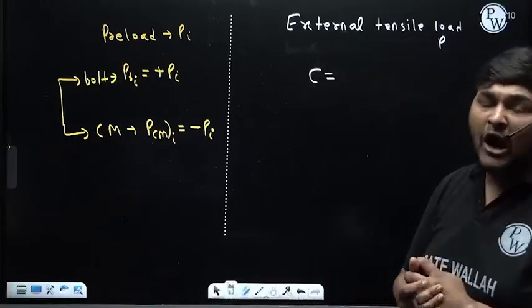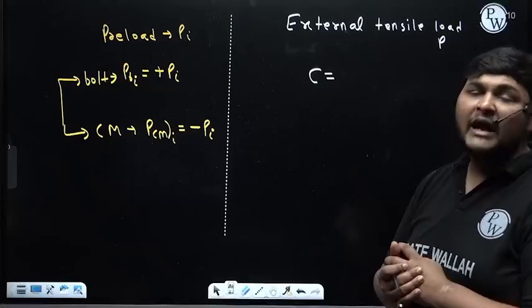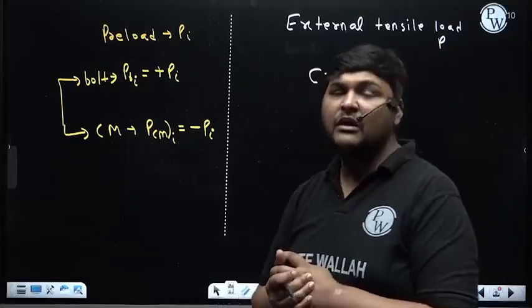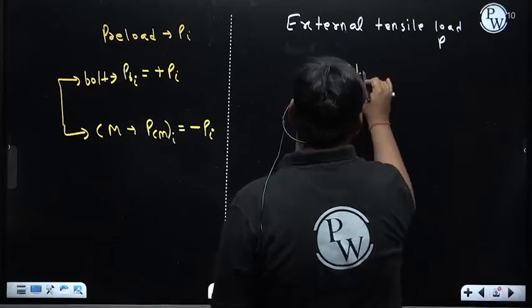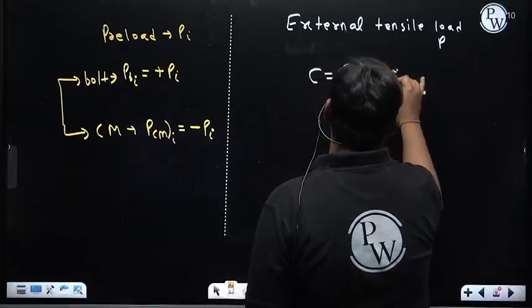But the next question is how much part will be shared by the bolt and how much by the connecting member. For that, we first calculate the stiffness correction factor. What is C? The stiffness correction factor.